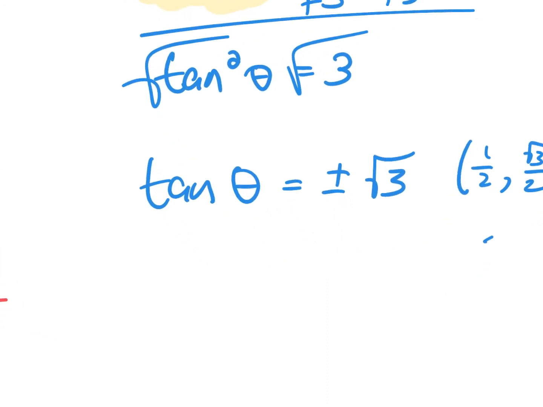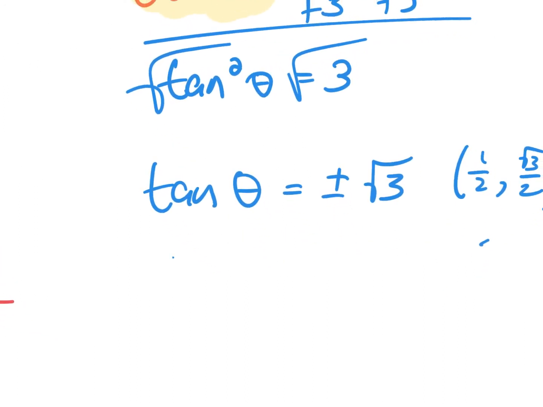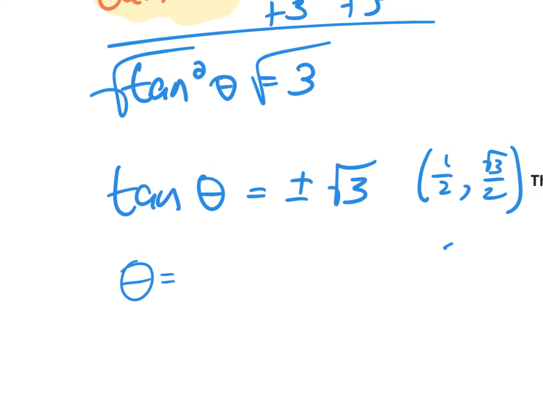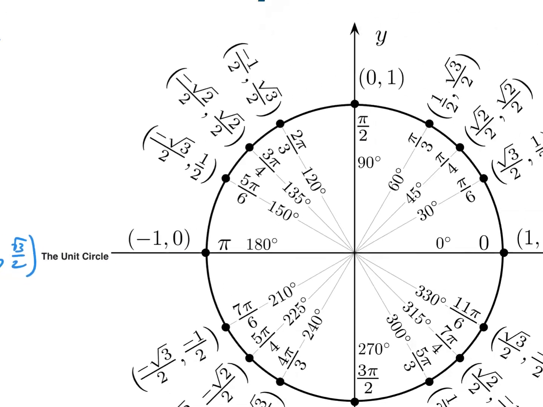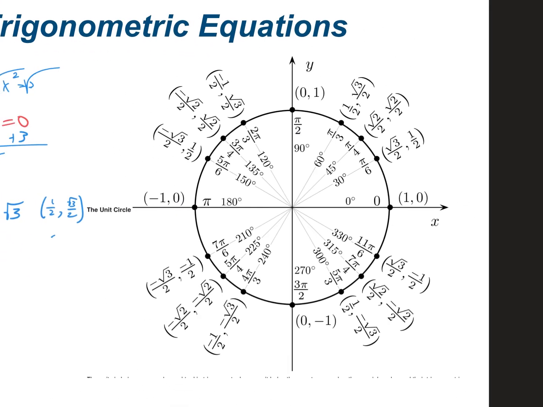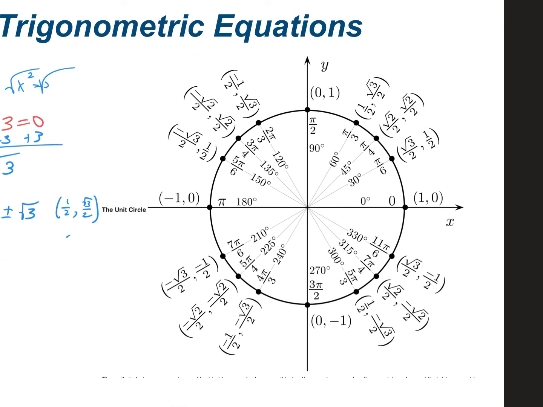I want positive and negative. So how many answers do I want here? Nope. There's 2 places that'll give you positive, and there's 2 places that'll give you negative. So how many do I want? I want 4. I want all 4 of them. So you want all 4 ordered pairs that give you square root of 3 over 2, square root of 3, whether it's square root of 3 or negative square root of 3.